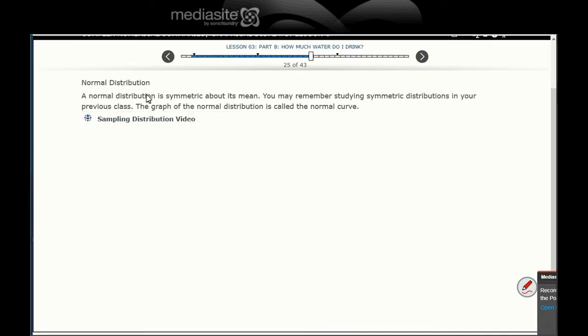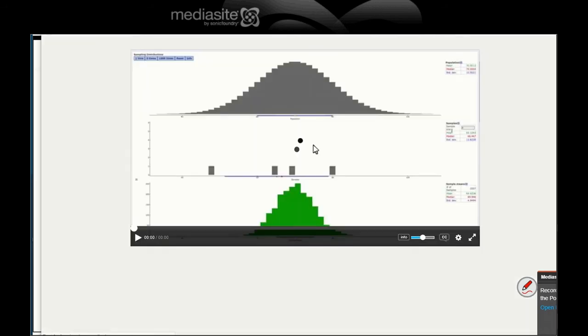Notice distribution is symmetrical about its mean. You may remember studying symmetrical distributions in your previous class. The histograms. Graph normal is called normal curve. Ooh, distribution video. It's 10 minutes long, so I will task you to look at this on your own outside this video.